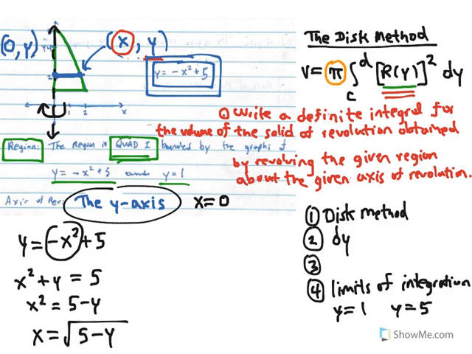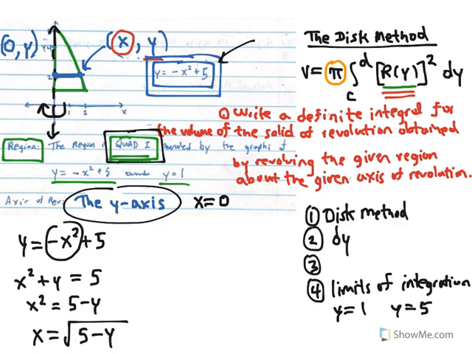You might be thinking, why is it that we're taking the positive square root? Because we're looking at the part of this graph that is in quadrant 1, and in quadrant 1, x coordinates are positive, and that is why we take the positive square root rather than the negative square root.